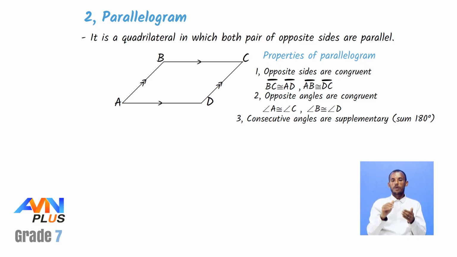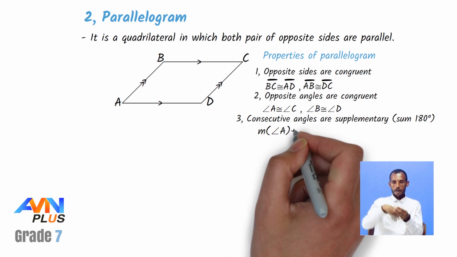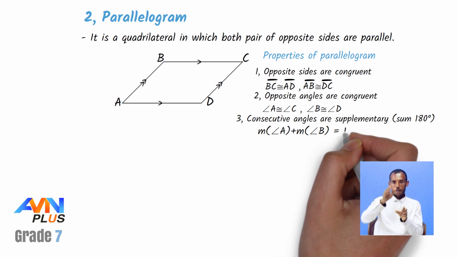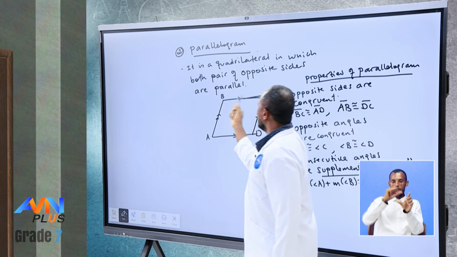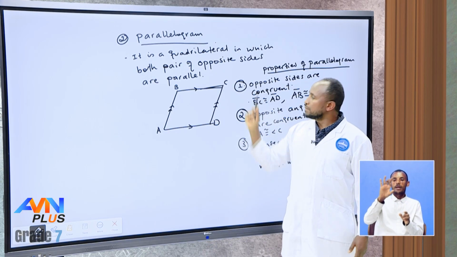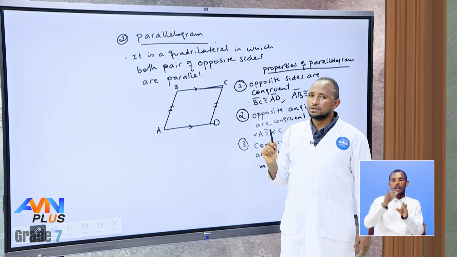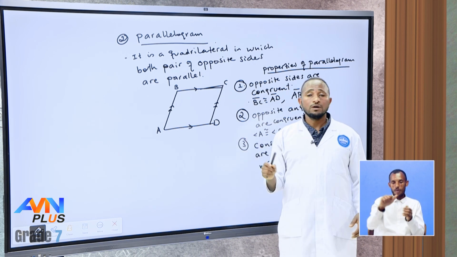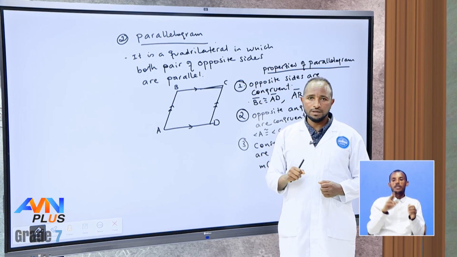So the measure of angle A plus the measure of angle B gives you 180 degrees. Not only this one, the measure of angle B and angle C is also 180, they are consecutive. The measure of angle C plus the measure of angle D also gives 180 degrees, and so on. So any consecutive angles of a parallelogram are supplementary. That means the sum gives you 180 degrees.